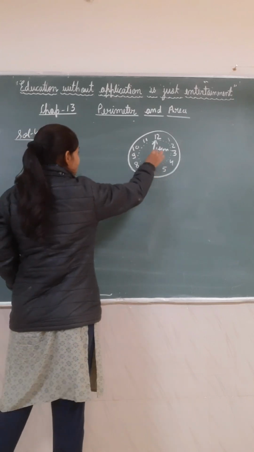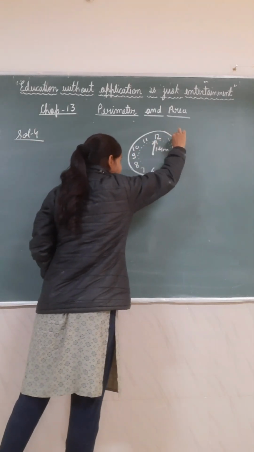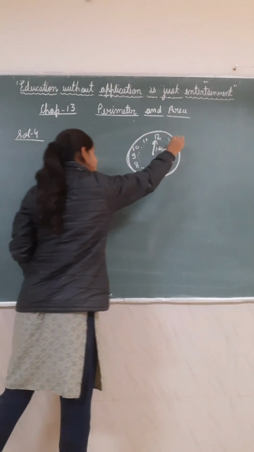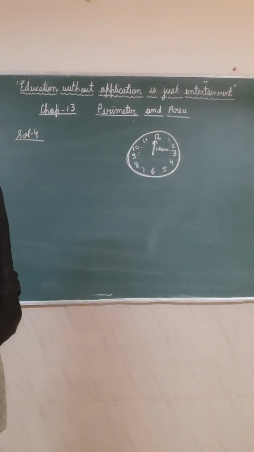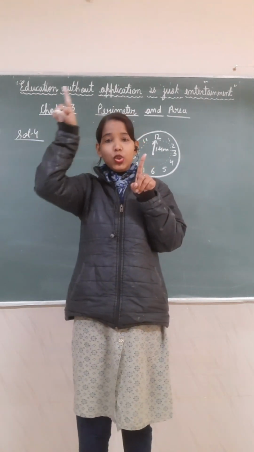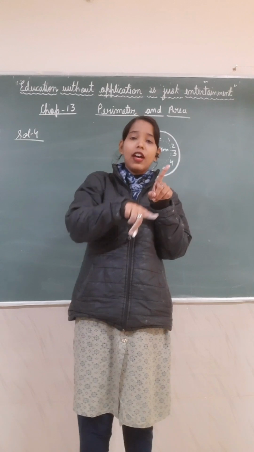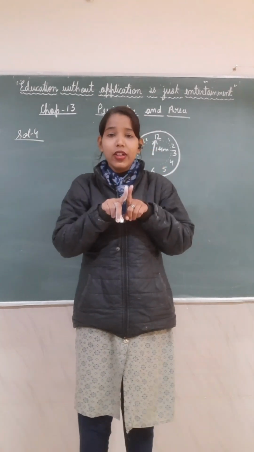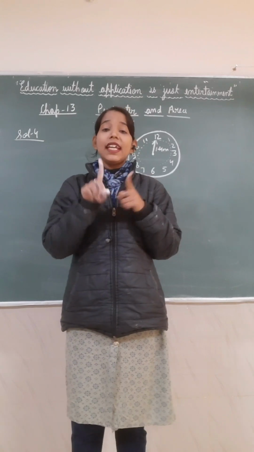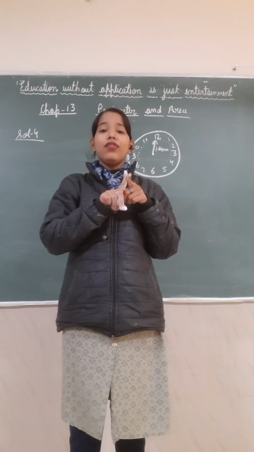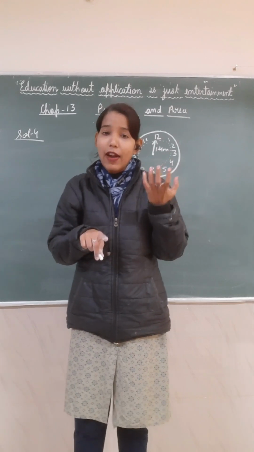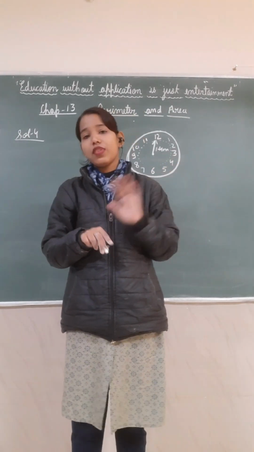So what is it covering? It is covering the perimeter of the circle. After 1 hour it is again on the 12, so that means it takes 1 round, and 1 round means the circumference of the circle. So here we have to find out the circumference of the circle.